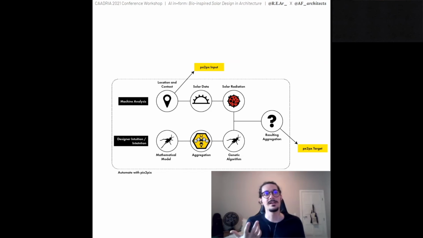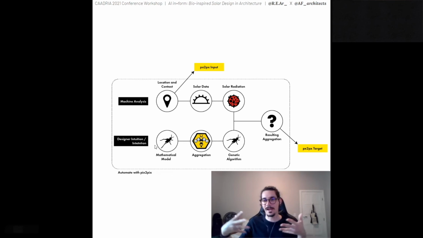The other part is that we'll be using a mathematical model to create a geometric shape generation strategy. In other words, an algorithm by which you generate stuff, on which you'll be doing an aggregation using discrete elements, combining those two with the solar radiation analysis to feed into a genetic algorithm that would generate a final form, a resulting aggregation.